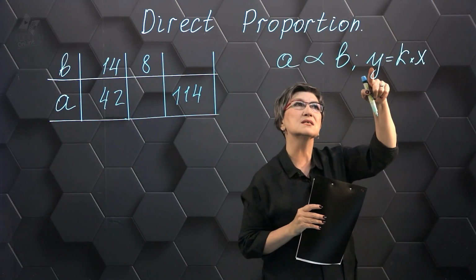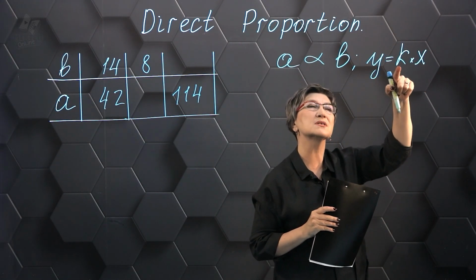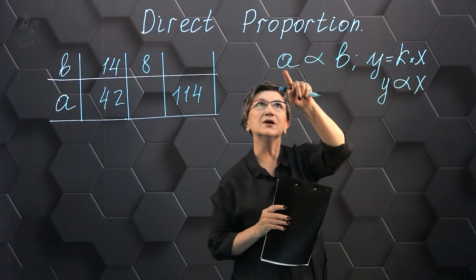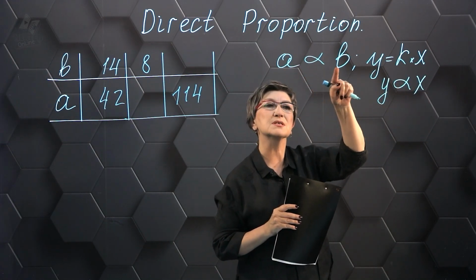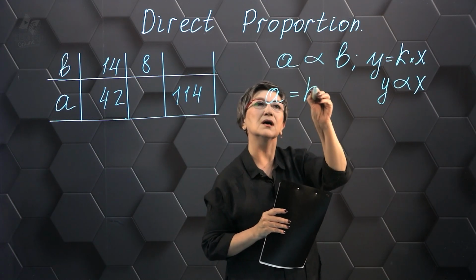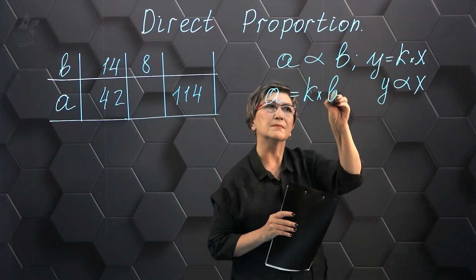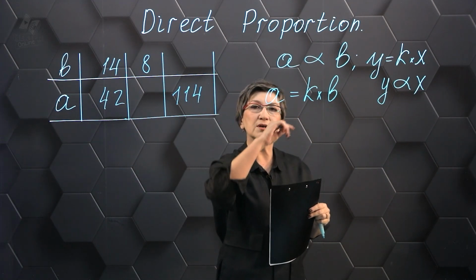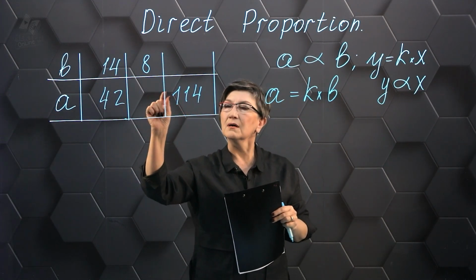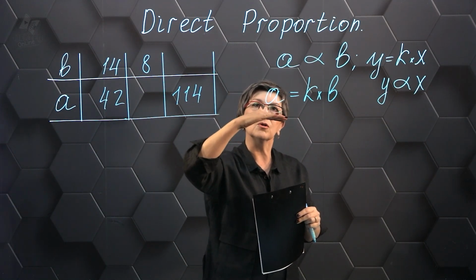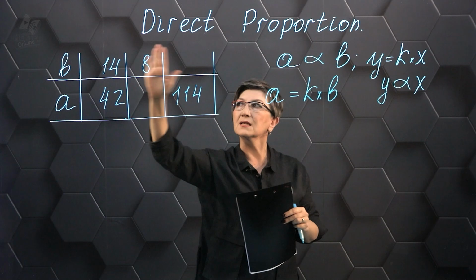And then if y is directly proportional to x, then in that case A is directly proportional to B. Then we have to write A equals k times B. And when we use this expression, you and I, we're going to write down an expression where A depends on B, and we're going to fill in this table.